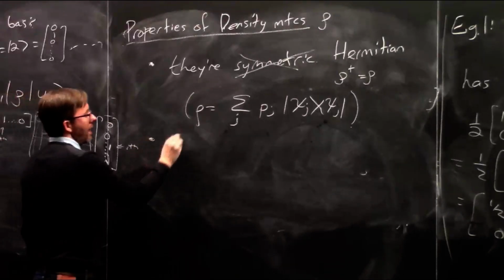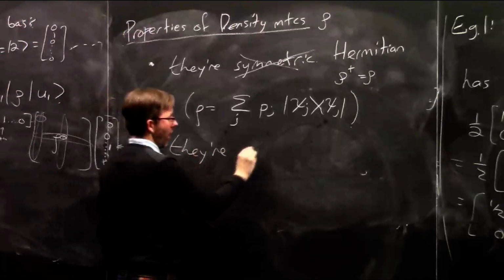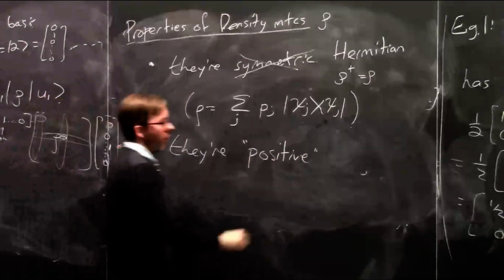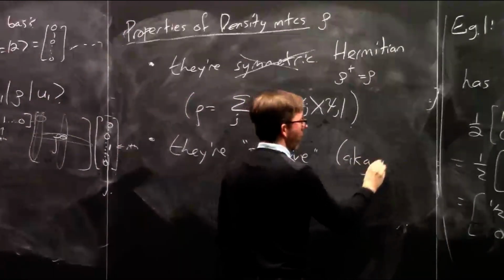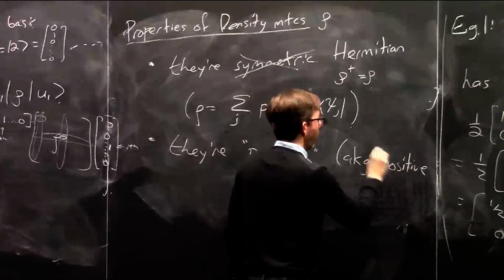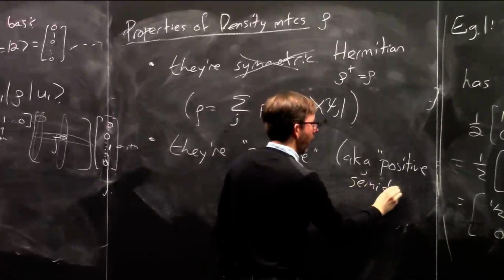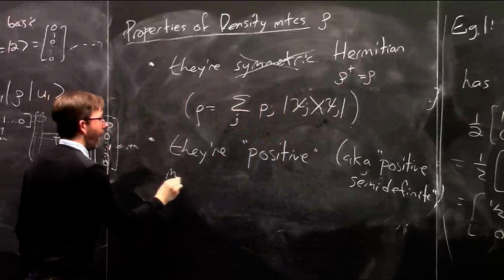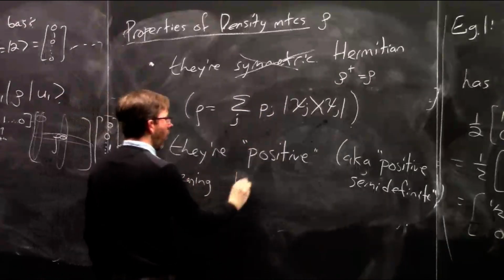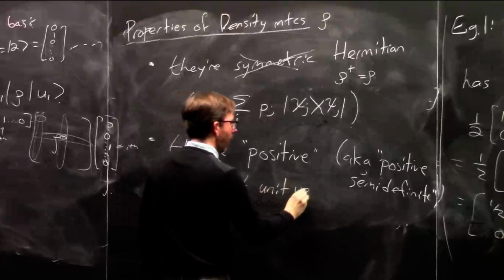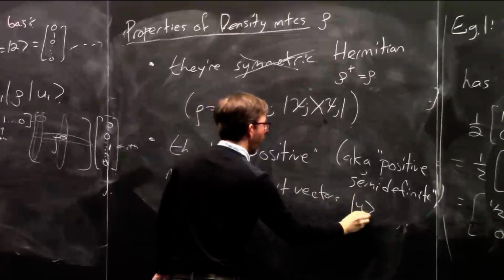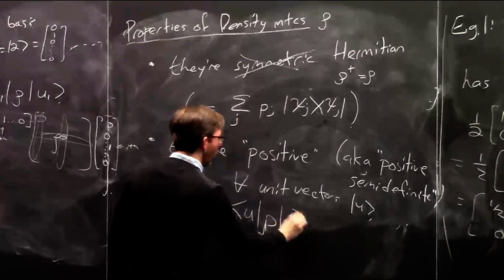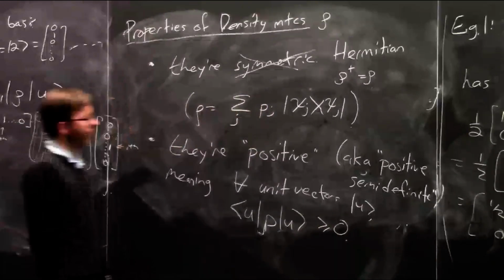Okay, another property is that they're positive. But I use that in the matrix sense. The meaning of a matrix being positive, aka positive semi-definite, this is some linear algebra talk, is for all unit vectors u, u dagger rho u is a non-negative number.